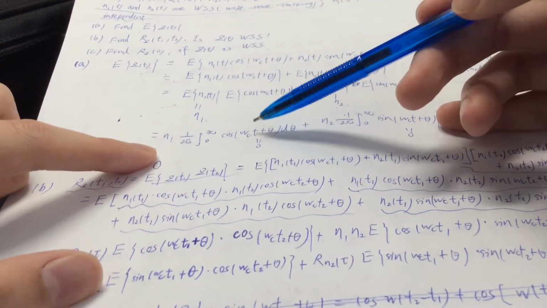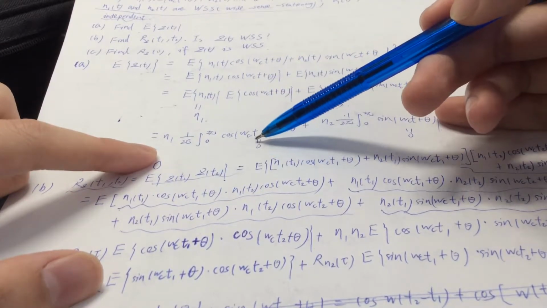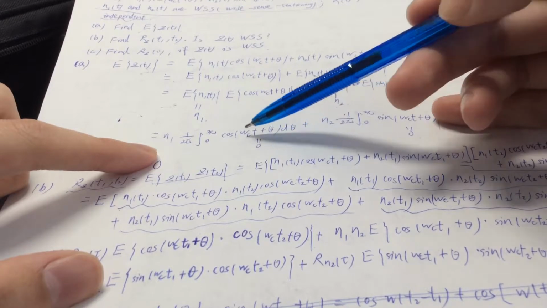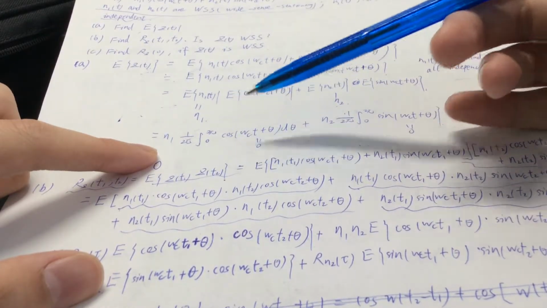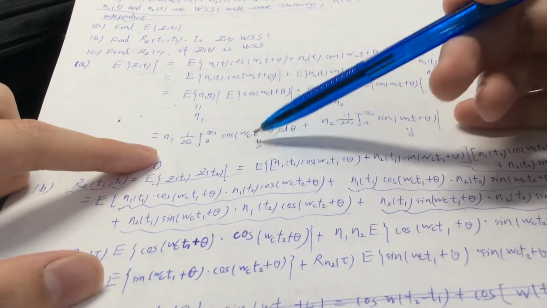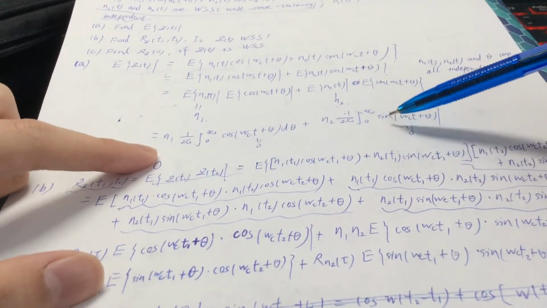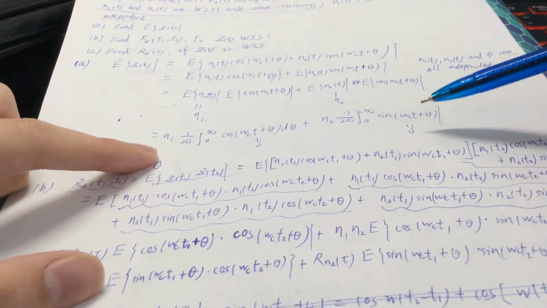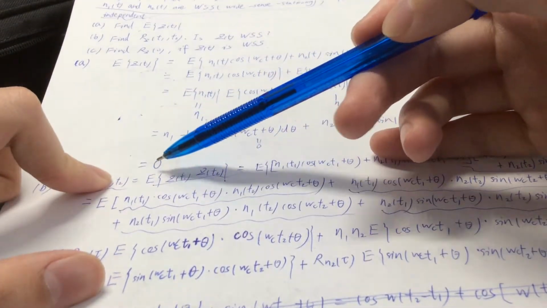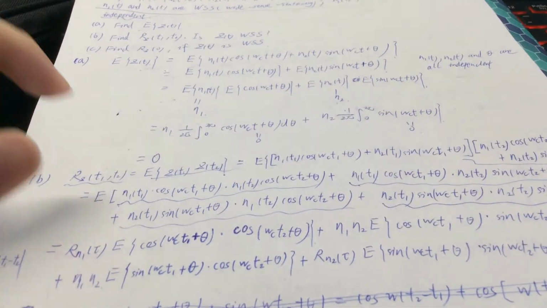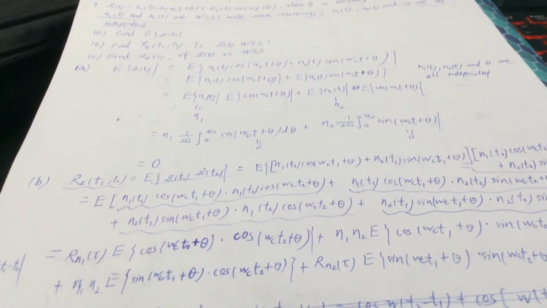We know that the integration of cosine(ωc t + Θ) ranging from 0 to π is equal to 0. It's the same for sine. So we know that the final consequence is equal to 0. So this is the first part.